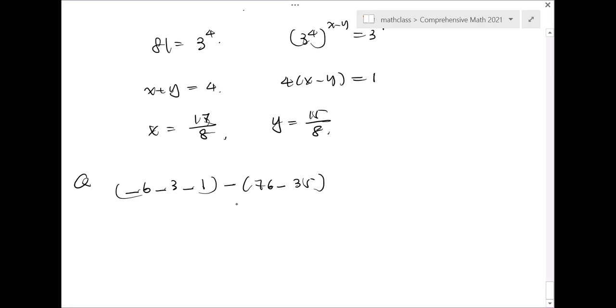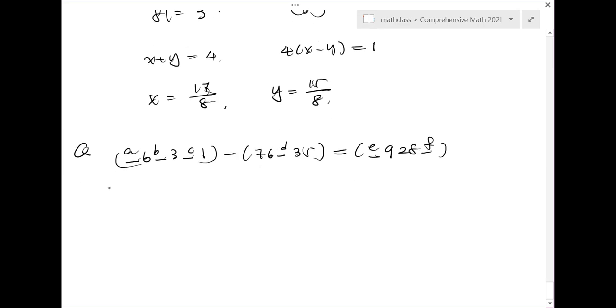Okay, so this is a 5-digit number. Then you have another 5-digit number. Okay, so we know this is A, B, C, D, E, and F. And we're trying to find out A, B, C, D, E, and F.